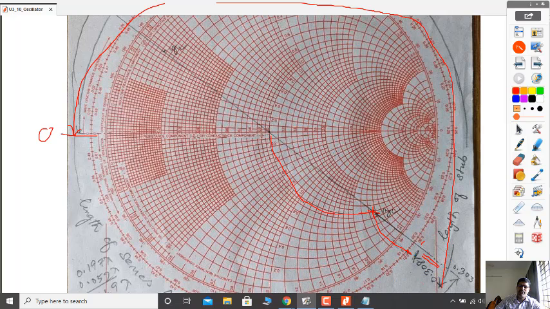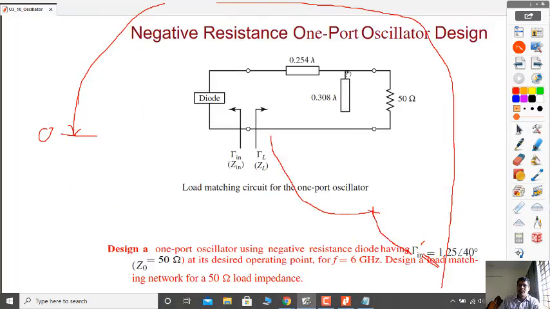Therefore, the length of the open circuited stub is 0.308 lambda. Now we have computed the length of the stub.